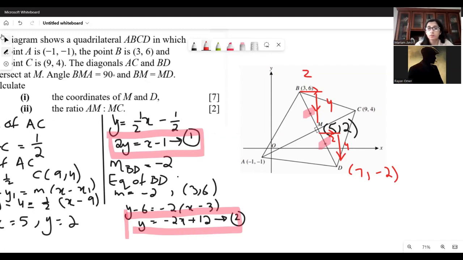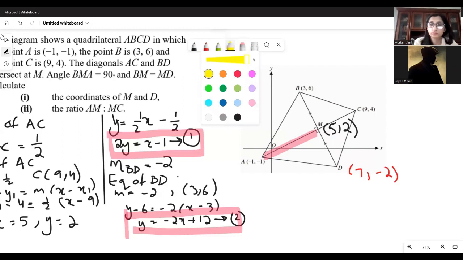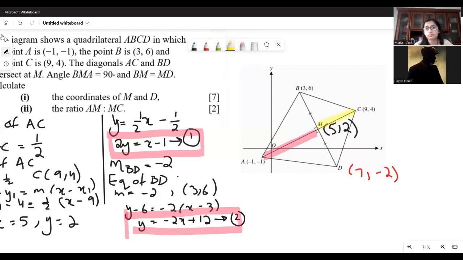Okay. So we're done with part 1. Part 2, find the ratio AM to MC. How do we do that? AM ratio MC. We already have the equation of line AC, and we have 3 coordinates on the line too.